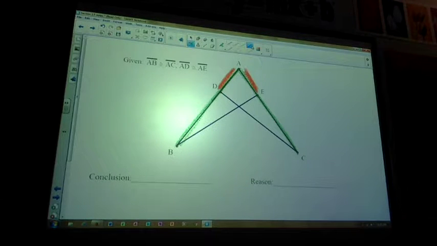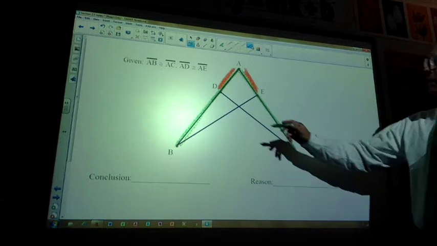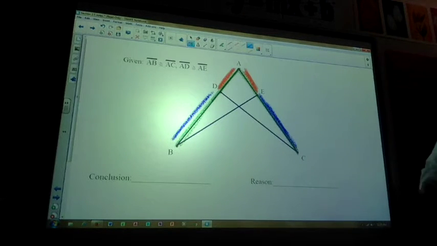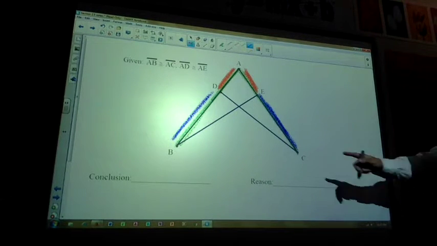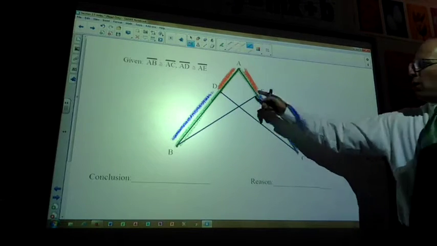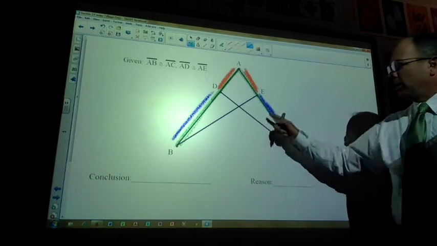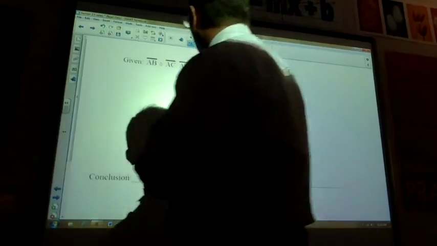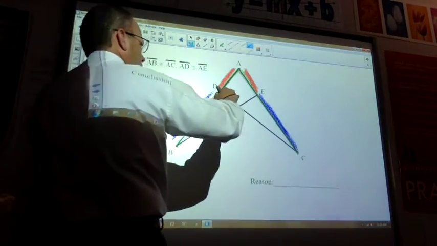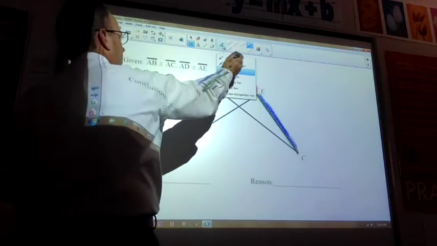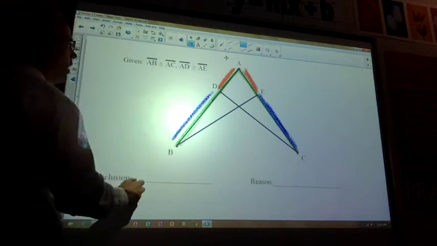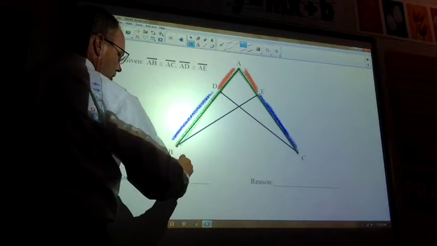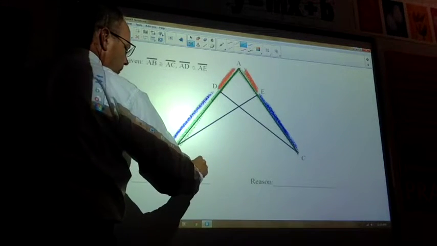What do you think? Can I state that right here is congruent to right here? The reason why the other one doesn't work is I don't know these angles down here. I don't know quite where they're intersecting. I like the thought, but unfortunately, we're looking at the segment right now. So then go ahead and state that segment BD is congruent to segment EC.